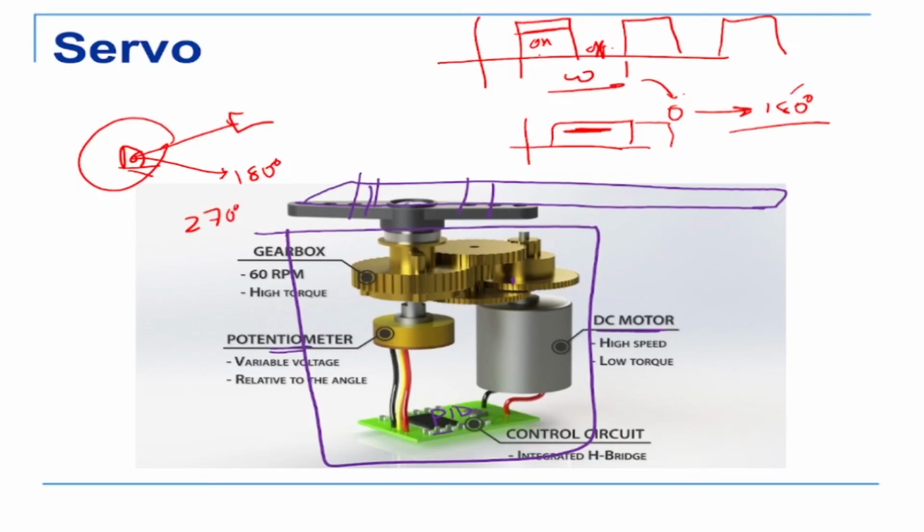The corresponding angle corresponds to the width of this pulse. We have experiments with this also, because this is a very simple motor to control with a microcontroller, and a microcontroller can generate a PWM pulse width very easily, and hence it is very easy to build very simple robots by yourself.